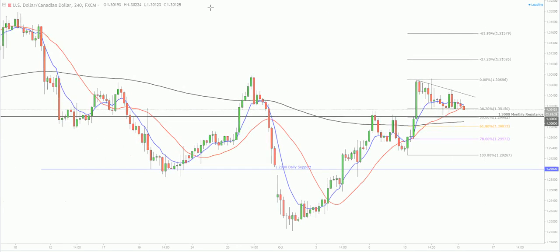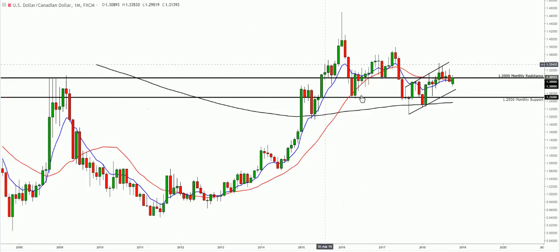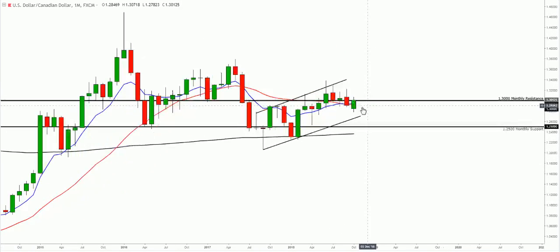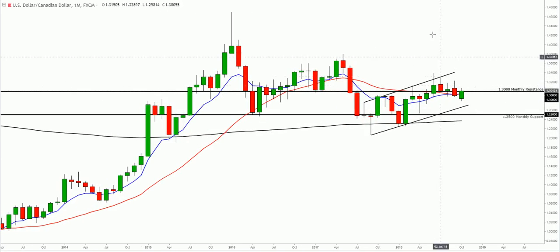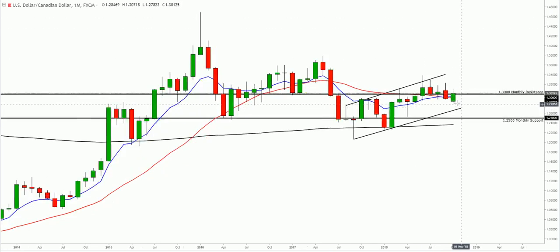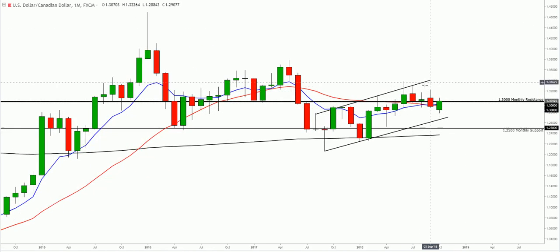If you take a look at USD CAD, now, it's been very interesting here, because as you can see, we've had a lot of indecision. We're above the moving averages, acting as support. However, they are largely flat. Not much going on with the moving averages currently. They are ever so slightly bullish.